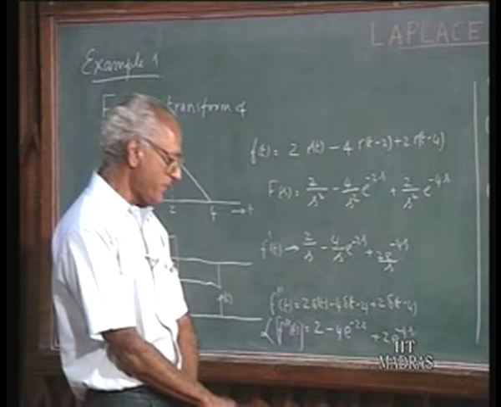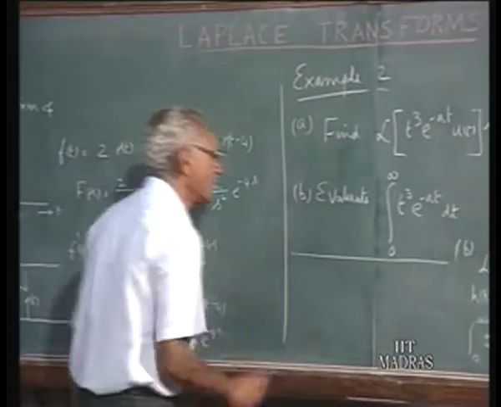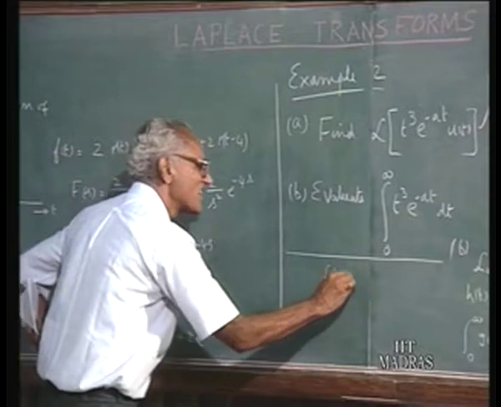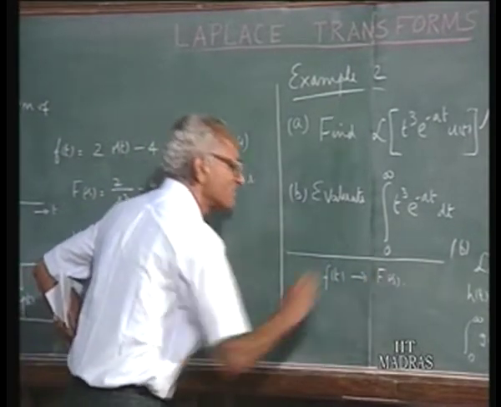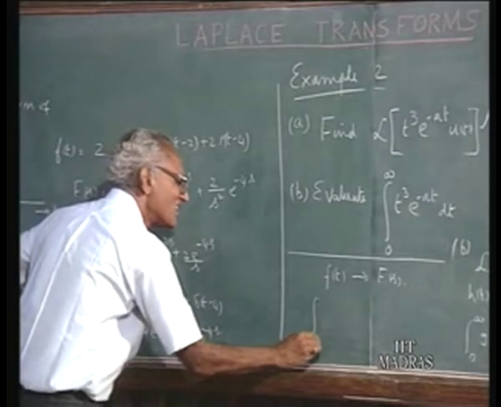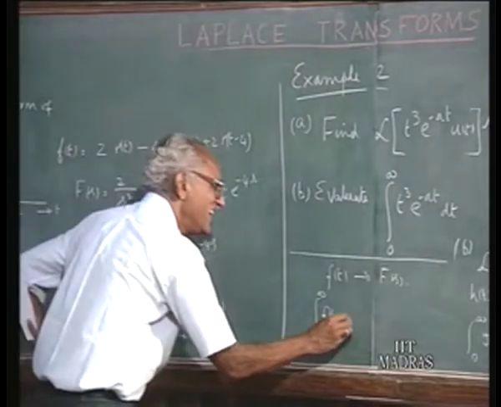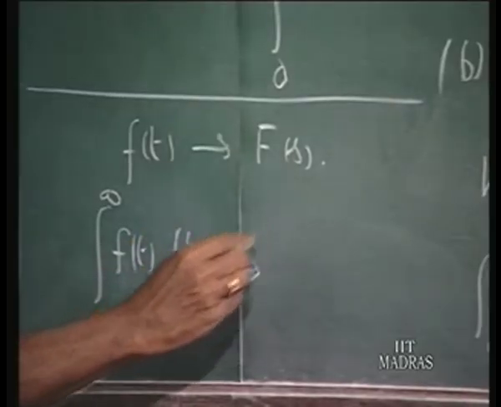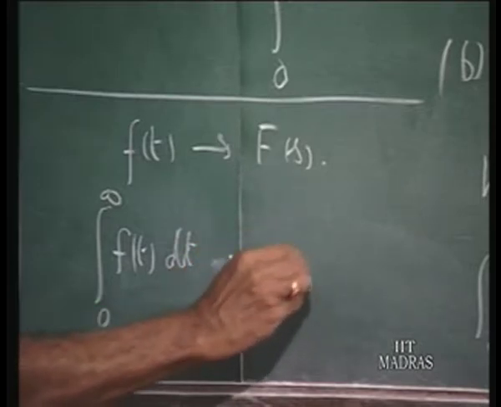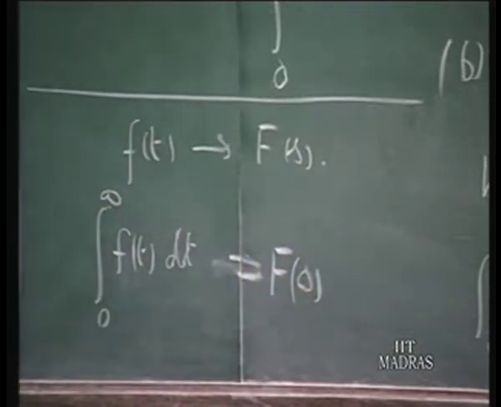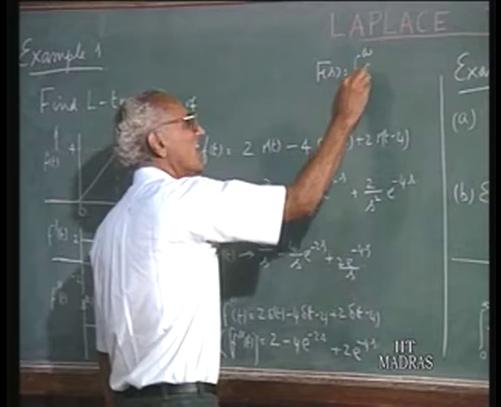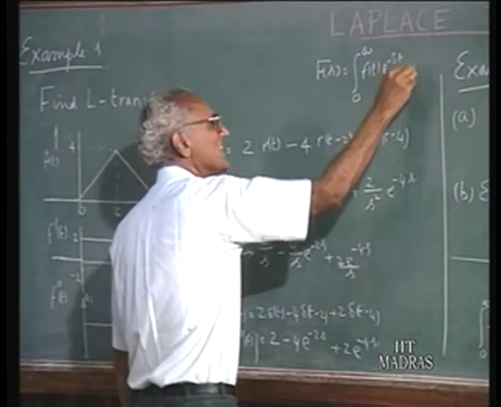In other words, the principle that we are using here is, if f(t) has a Laplace transform F(s), then the integral from 0 to infinity of f(t) dt is equal to F(0). This is quite easy to see, because after all F(s) equals the integral from 0 to infinity of f(t) e to the power of minus st dt.